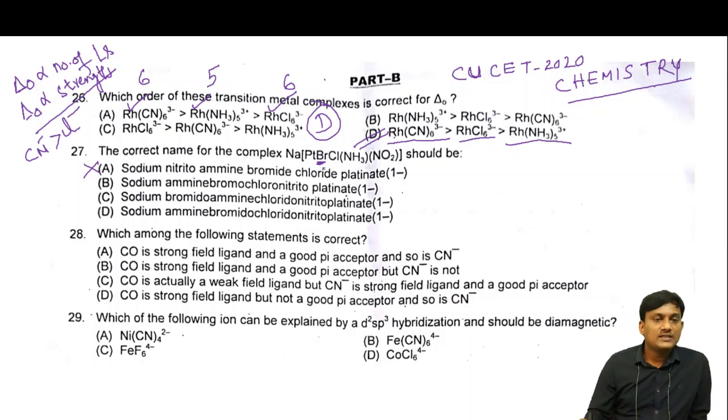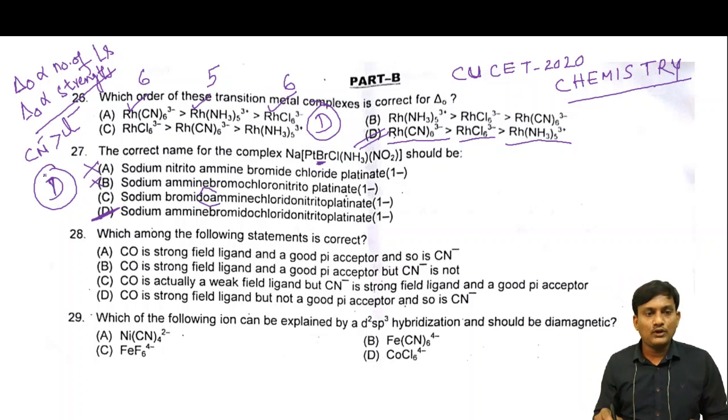These are the names of ligands. So this one is wrong. Sodium bromido amine, here alphabetical order is missing. In this case, sodium amine bromido chlorido nitrito platinate(1-). The oxidation state of platinum is 1 minus. So this one is correct. So what is the correct option? D is the correct option.